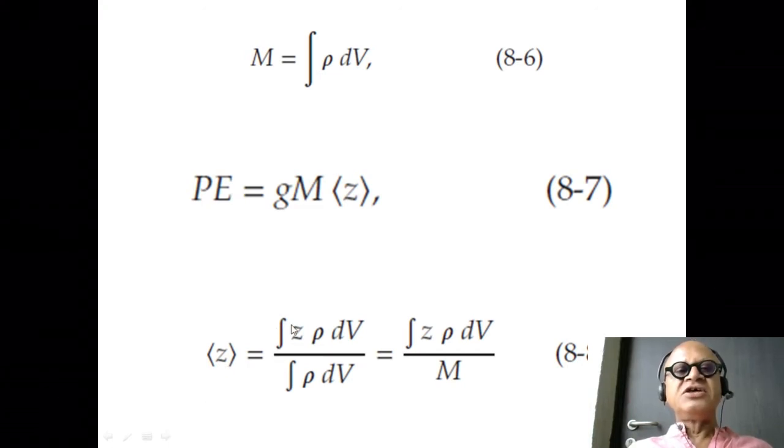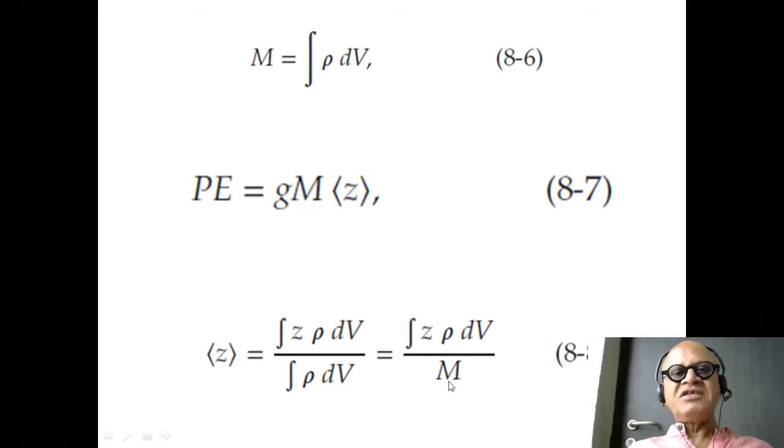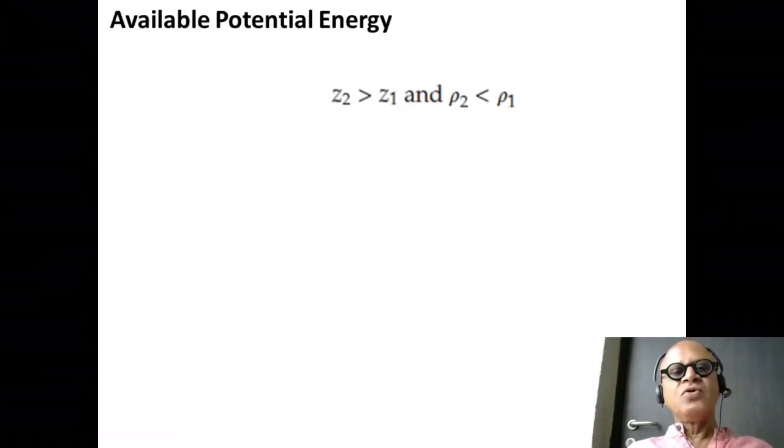Obviously it's the distribution of mass over that volume divided by the mass itself. So it's just the integral of z rho dV divided by the mass. Again, it's because the rho has a profile, it's not a constant. Okay, we have to keep carrying that because we are looking at stratified bodies of fluid like the atmosphere and the ocean.